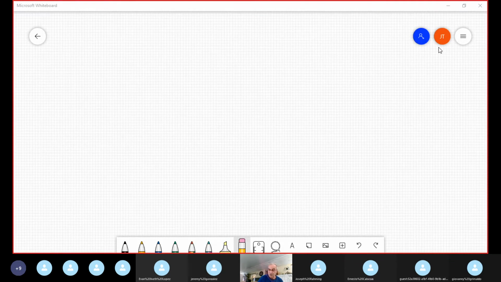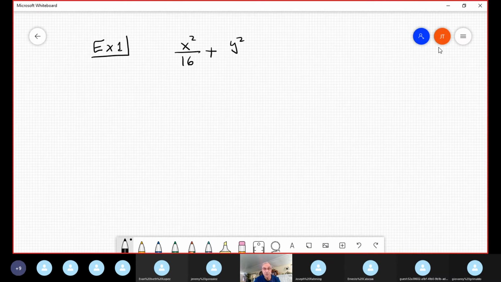Just doing, so as always we are doing by hand, and also we are doing by decimals and verification, and little by little you understand. Example 1. Example 1 is x squared over 16 plus y squared over 9 equals 1.